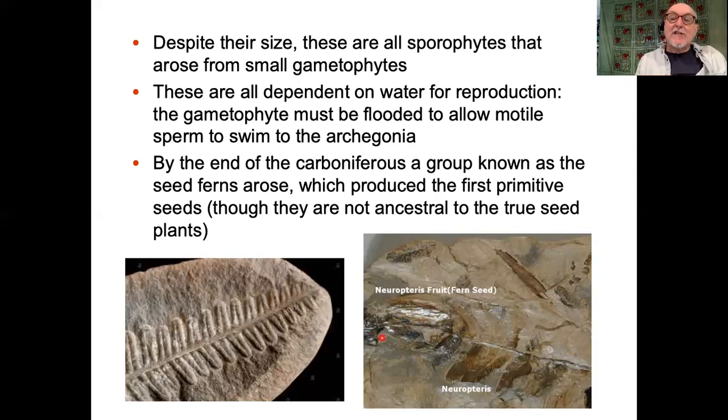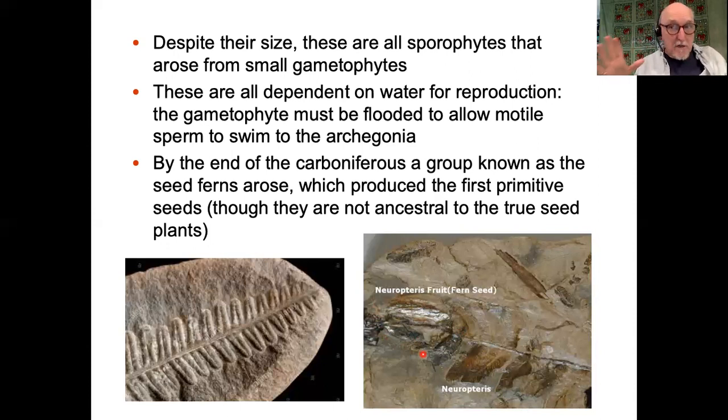So there are a couple of steps that need to be undertaken before we form a seed the way that we have it in the flowering plants and the gymnosperms. But it's just very interesting that this group of ferns, the seed ferns, actually ended up producing a true seed.